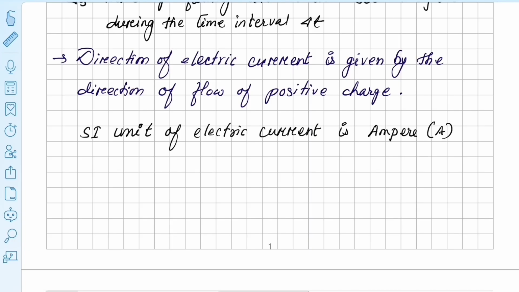That is A. That means 1 ampere current is equal to 1 coulomb charge per 1 second. That means in 1 second, through any cross section of a conductor, if 1 coulomb charge flows through this cross section, then the current in that conductor will be 1 ampere, right?